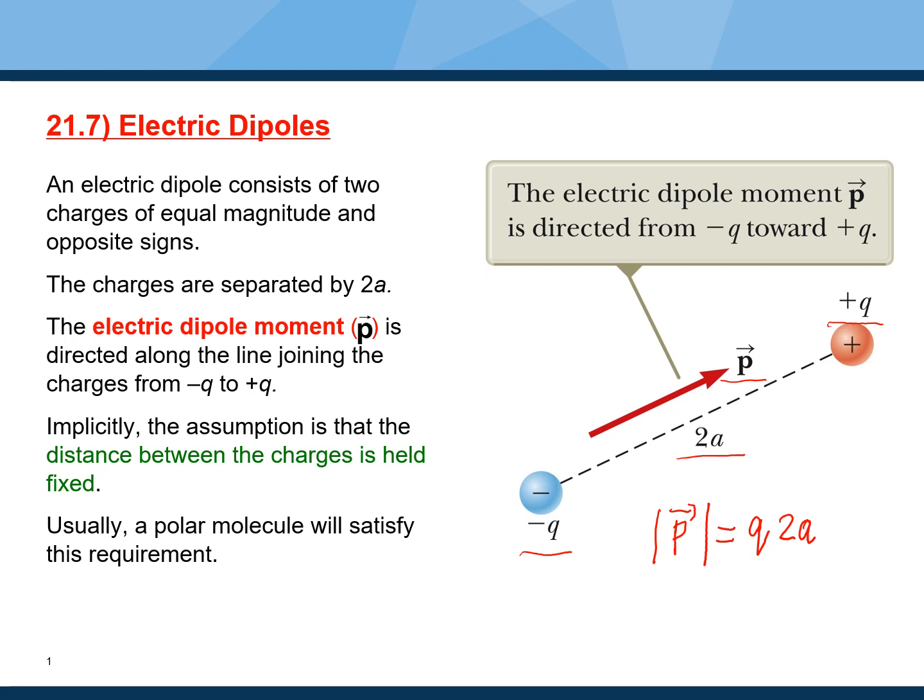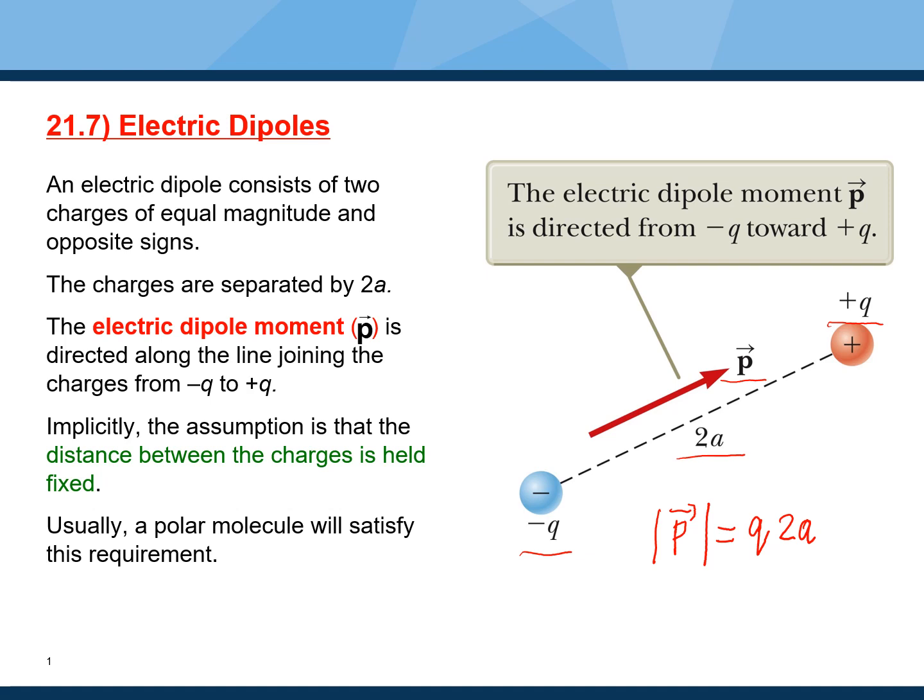Now, why do we actually have this concept? Because it is a very useful idea. Many molecules indeed have some approximate shape of a dipole. And in fact, when electric fields are put on molecules of material, they become very much like dipoles.